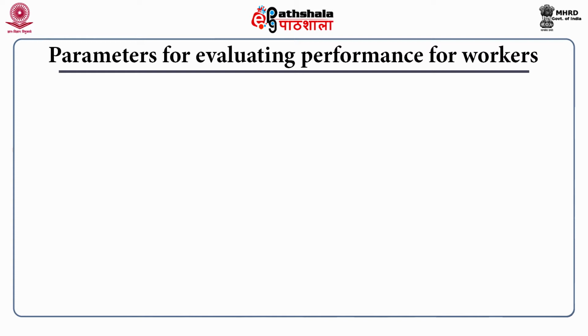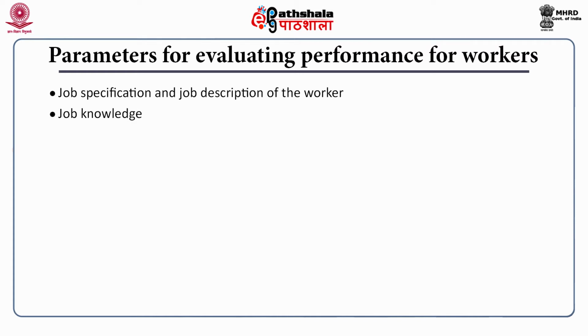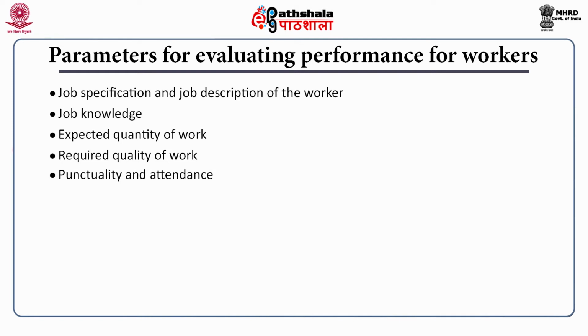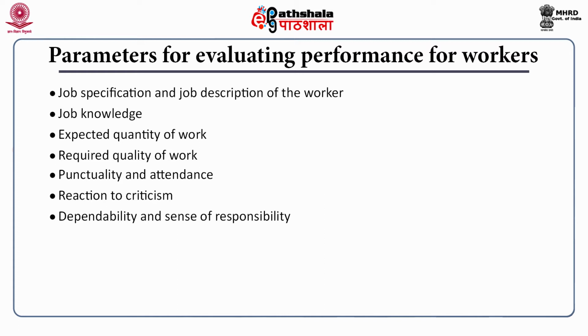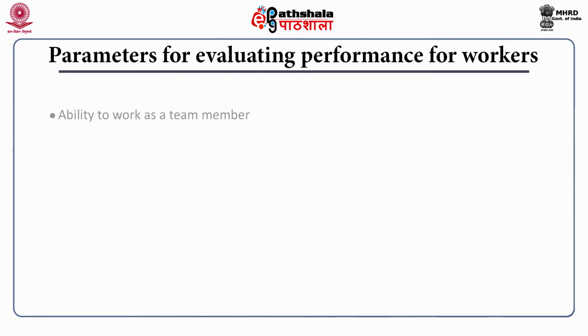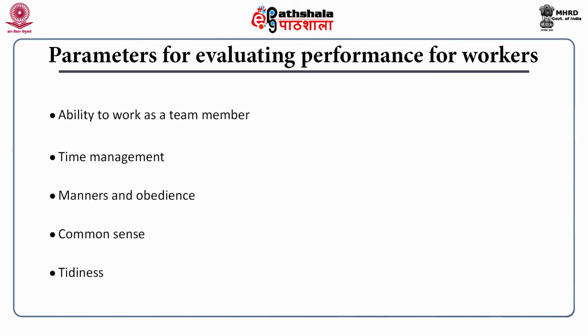The parameters are job specification and job description of the worker, job knowledge, expected quantity of work, required quality of work, punctuality and attendance, reaction to criticism, that is how an employee takes criticism, dependability and sense of responsibility, attitude towards work and co-workers, initiative and drive, potential for future growth, integrity at workplace, ability to work as a team member, time management, manners and obedience, common sense and tidiness.